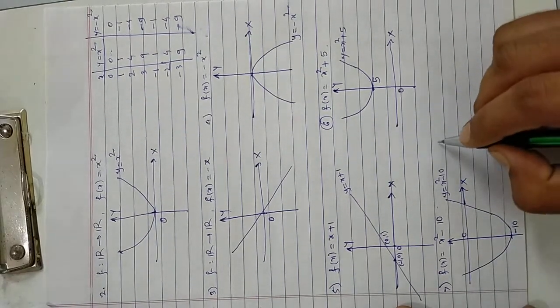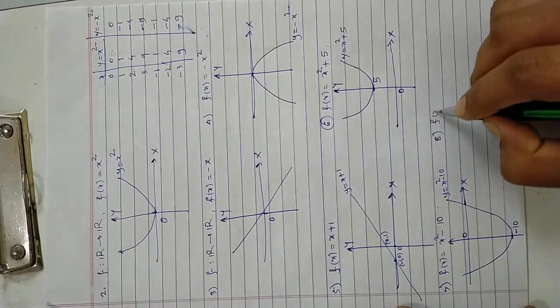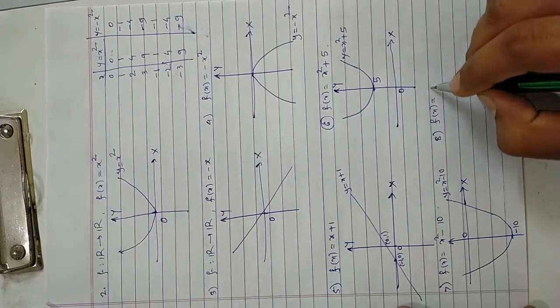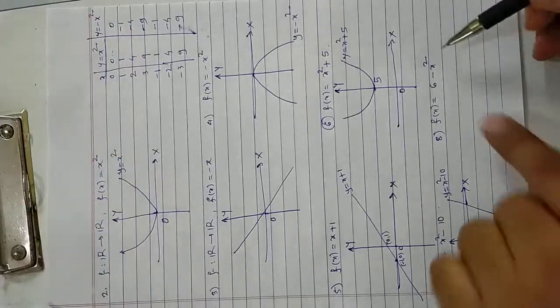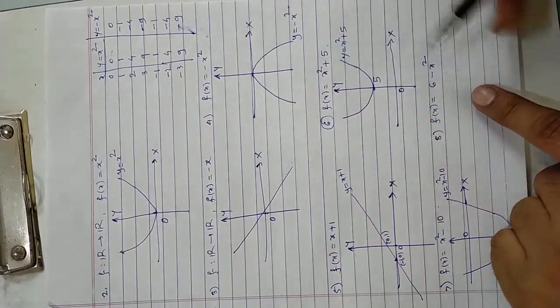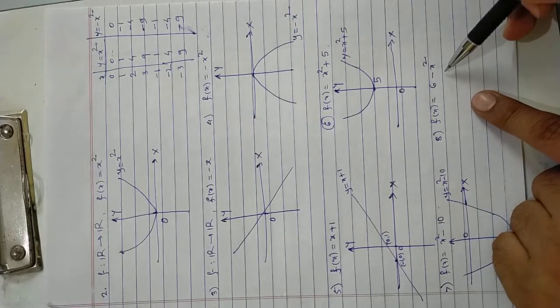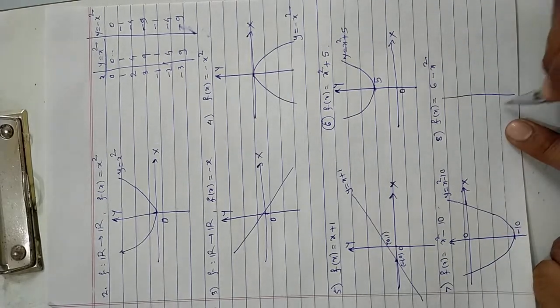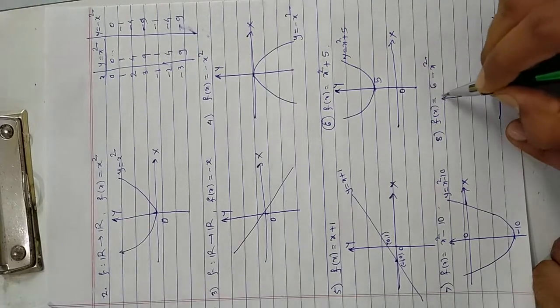Right? The next thing, if I want to define function f of x to be 6 minus x square. So we have seen the graph of minus x square, and here we want 6 minus x square. So how will the graph be? This is x-axis, this is origin, this is y-axis.